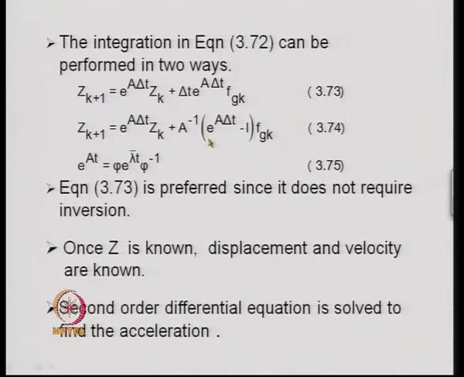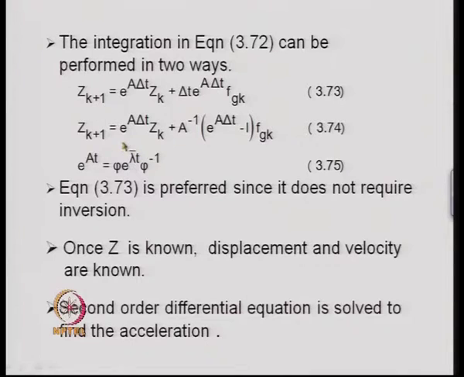Now, out of these two forms, this form is preferred because it is simpler, in the sense that it does not require the inversion of matrix A. Note that the excitation to be known is F k, that is the excitation at the kth time.